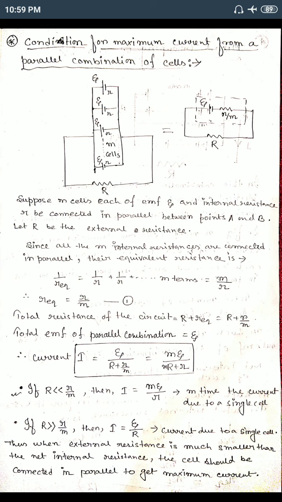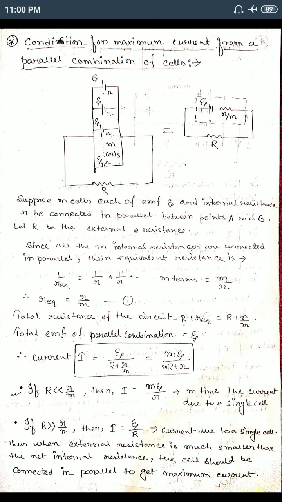So what is the expression for equivalent resistance? 1 by R equivalent equals 1 by r plus 1 by r, because they have the same internal resistance, up to m terms. So we can write m by r. So R equivalent equals r by m. This is the total internal resistance in parallel.